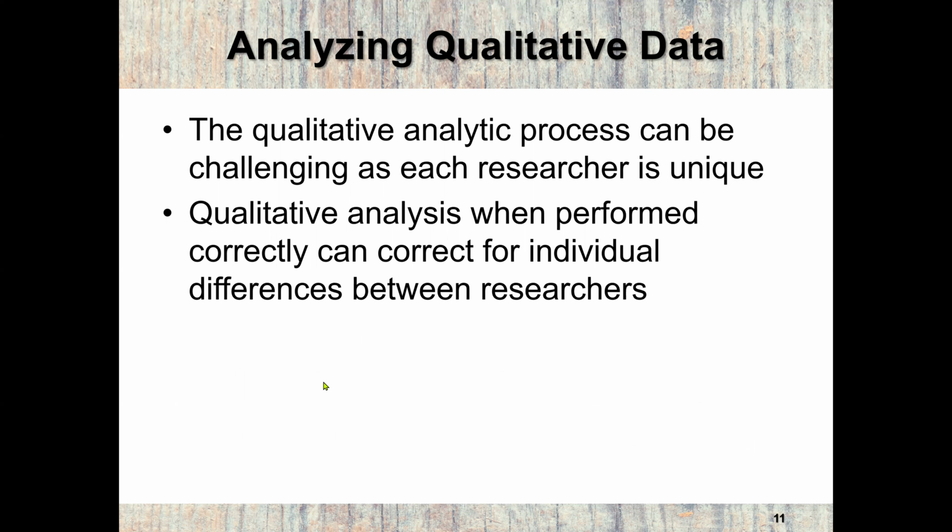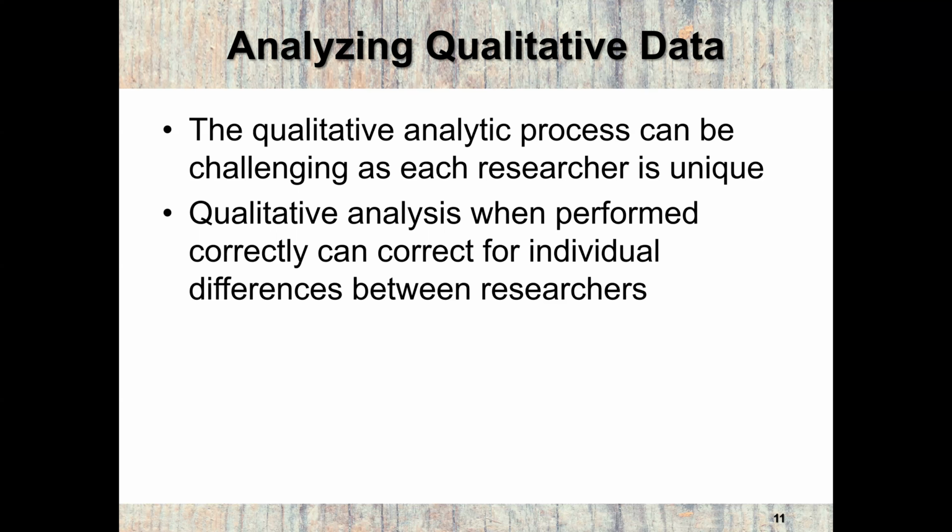The qualitative analytic process can be very challenging as each researcher is unique. In statistics, for qualitative analysis, we normally use non-parametric testing methods, especially for hypothesis testing, and we cannot have a 100% accurate result.